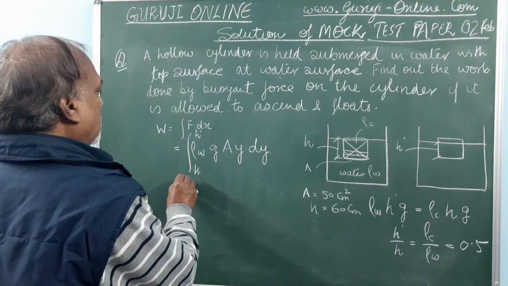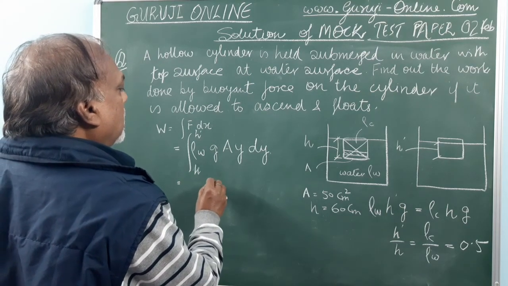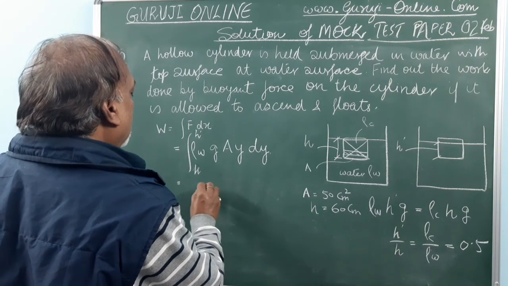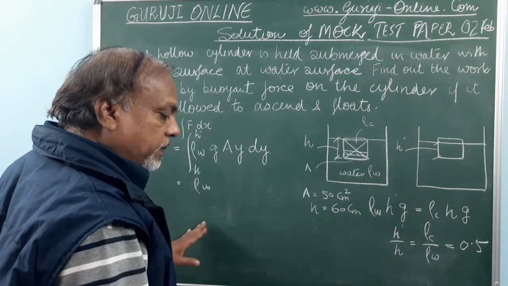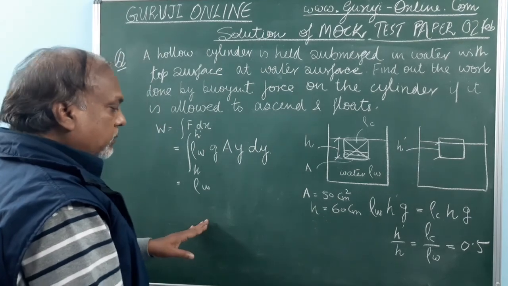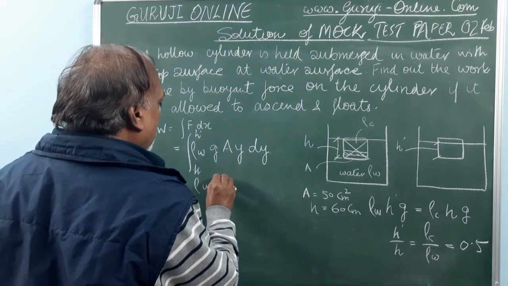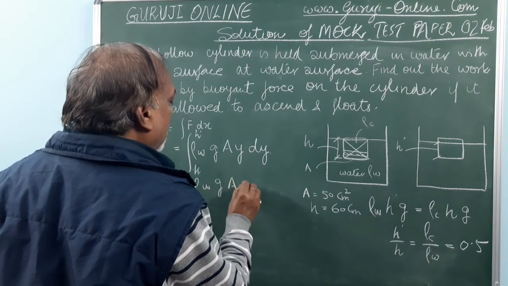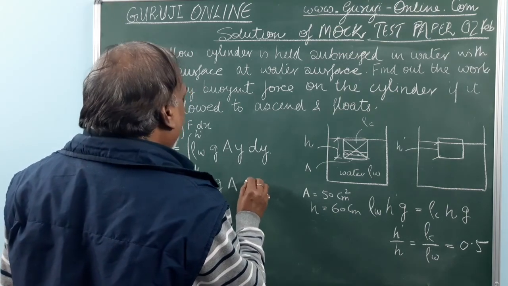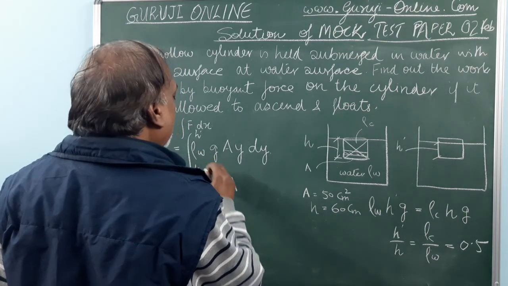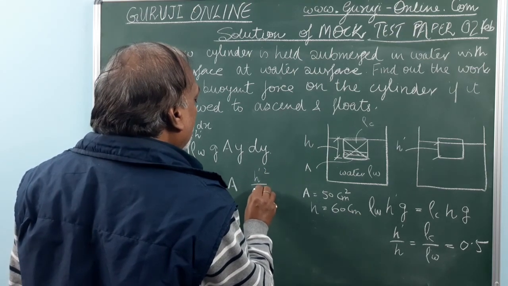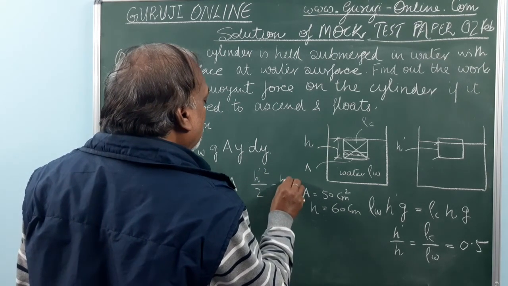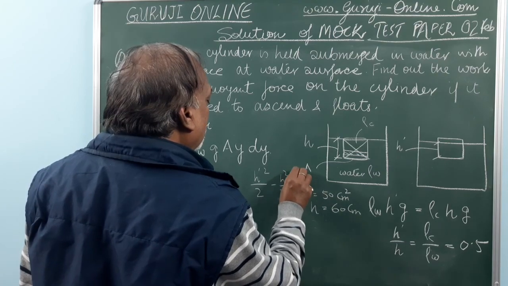Now let us integrate it. G A, this is y square as well. This will become h dash square upon 2 minus h square upon 2.